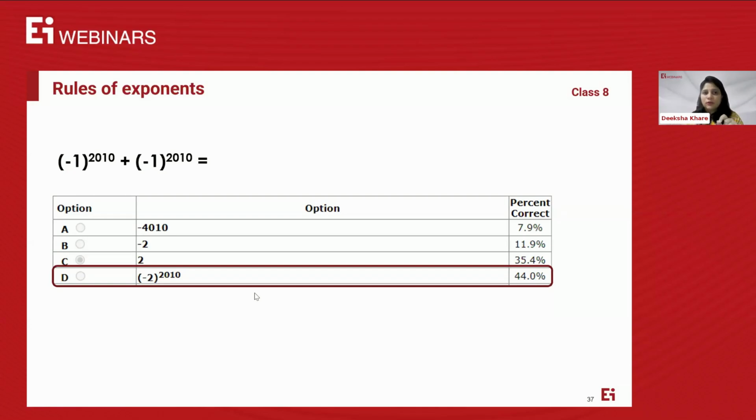There is a rule under exponents, the multiplication rule, which says a to the power b times c to the power b is ac to the power b, right? So students have applied an incorrect law, an incorrect formula, in this context. So basically, they are not able to identify what to apply in this context.